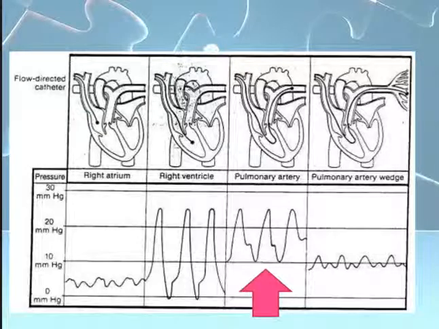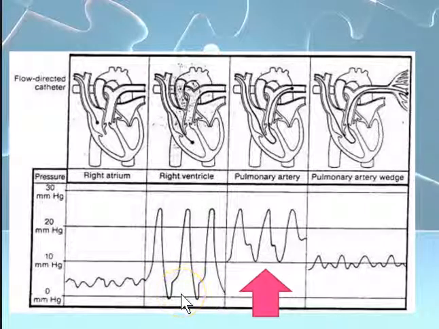So other things, we look at the waveform of our pulmonary artery, or our Swan. This little squatty short one denotes that it's in the right atrium. Usually if it's tall and thin like that, that says right ventricle.